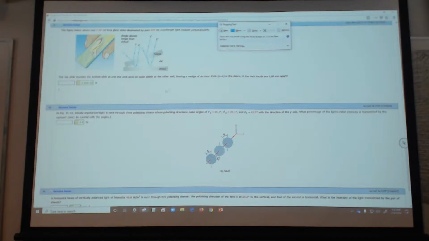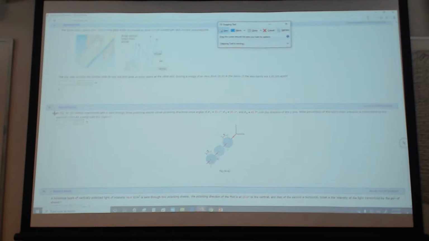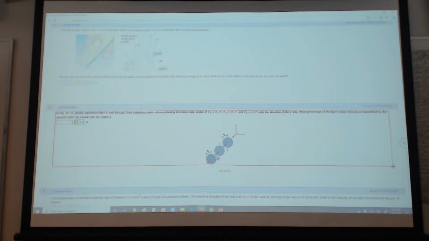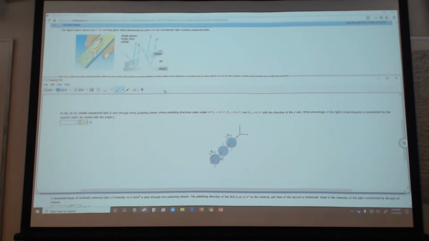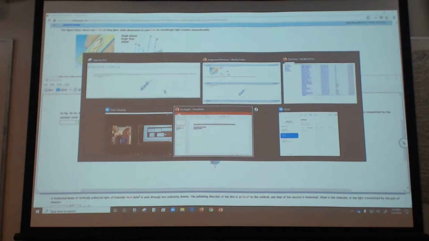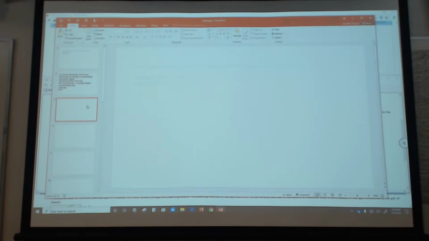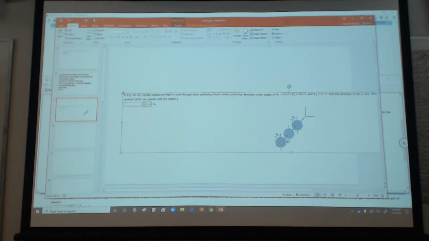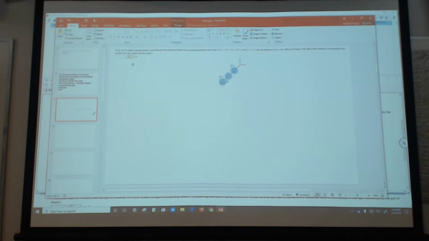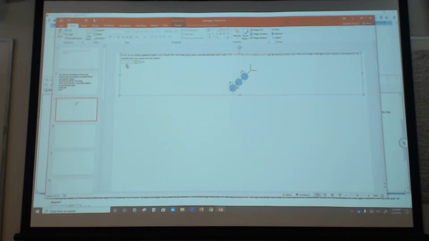Well, I guess it's also related to how we read this picture, because it's part of the problem.